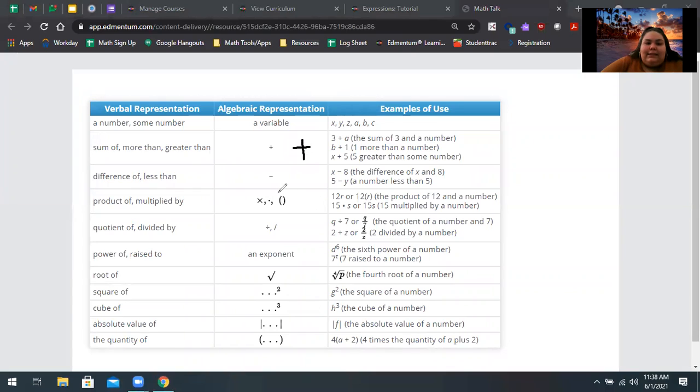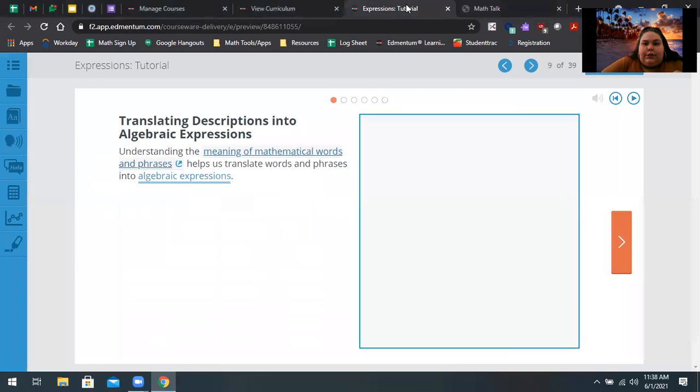The difference of, less than, that's your minus. Product, you'll most likely hear product, that's your multiplication symbol. And then the quotient is your division symbol. You can refer back to that link to make notes of it or take a screenshot.